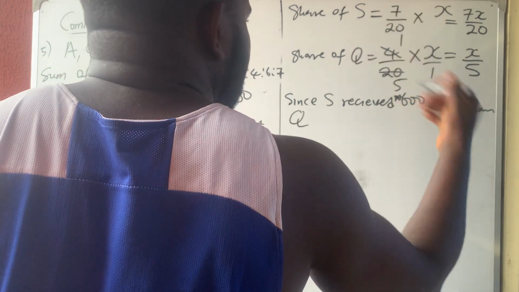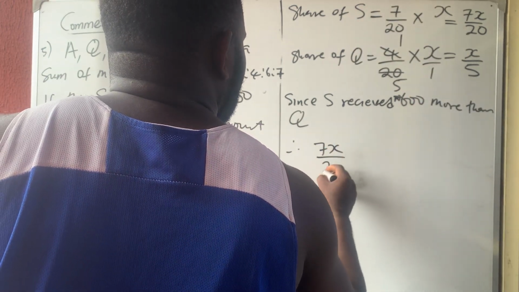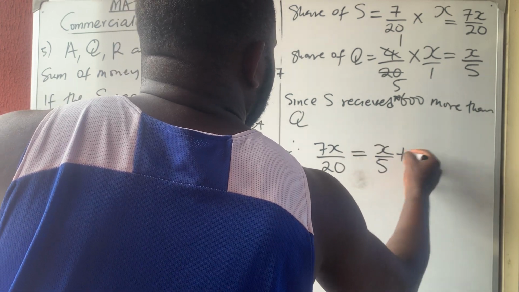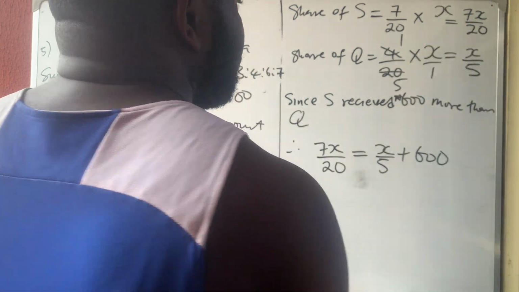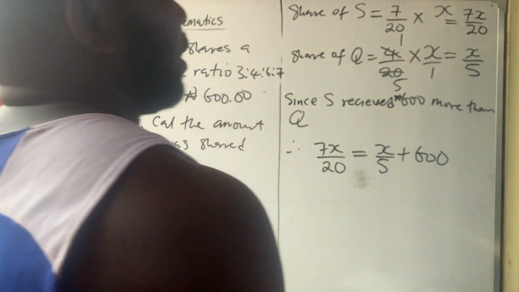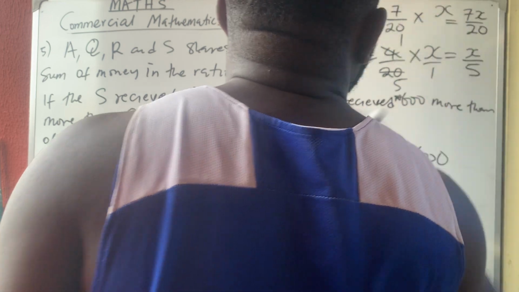So anyone you like will still give you the same answer. So S has 7x over 20 is equal to x over 5 plus 600 naira. I added 600 naira to this man so that they will be equal. The normal amount of this person plus 600 naira, or you say the normal amount of this person minus that 600 naira will give you this one.